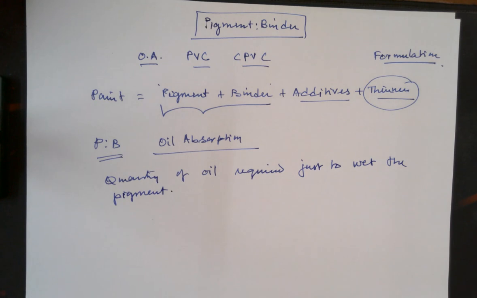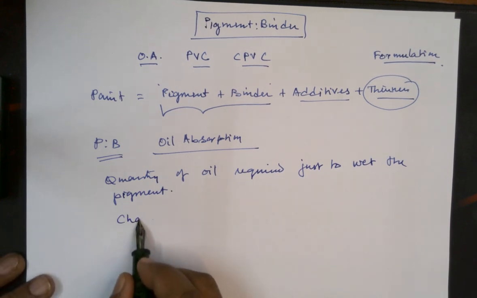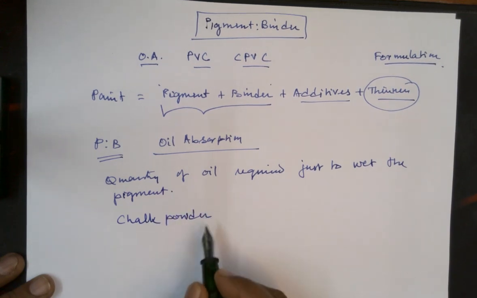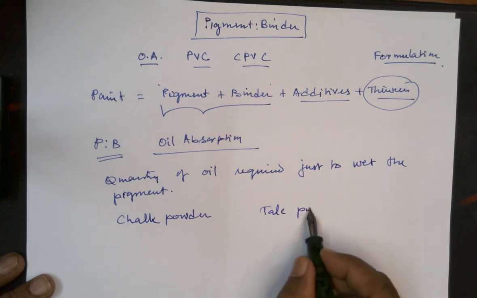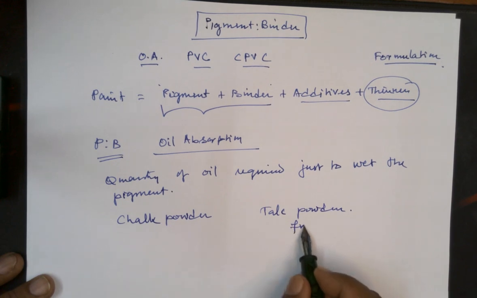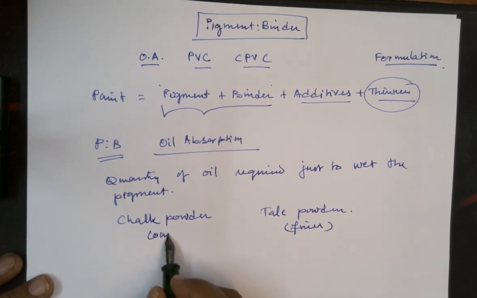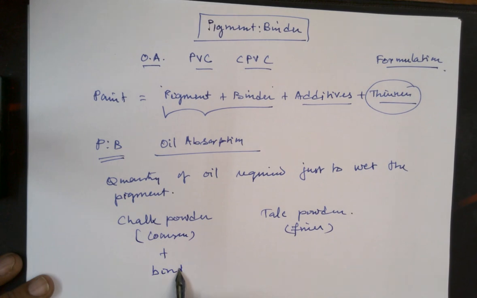For example, let me consider chalk powder and talcum powder or face powder. Talcum powder is very fine, whereas chalk powder is coarser. Now let me mix with a binder.